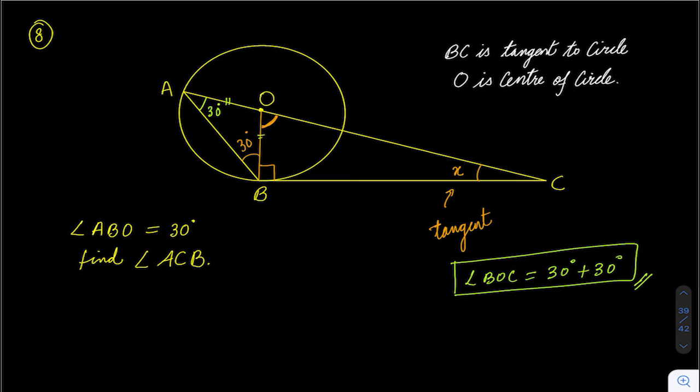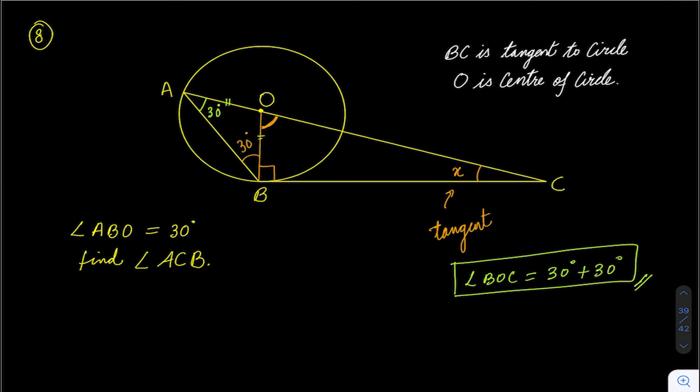If you don't want to do this, then what you can do is angle A is 30, angle B is 30. So this angle should be 120 degrees, because sum of all the angles in this triangle should be 180. Now if this is 120, then obviously this should be 60, because sum of these two angles is 180. So you will get the same answer.